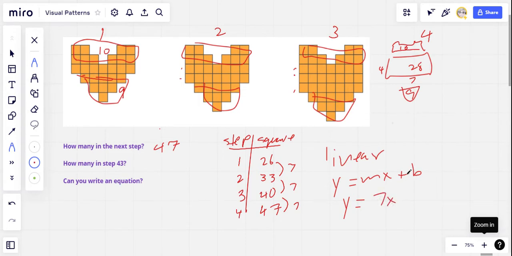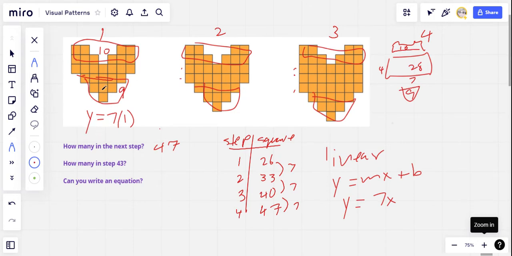And then this plus b is sort of an adjustment number to make sure that it works out with what's in step 1. So let's just try y equals 7x. And actually, x is the step number, so we'll replace that with step number 1. That would give us 7. So y would equal 7, and y represents the total number of squares.